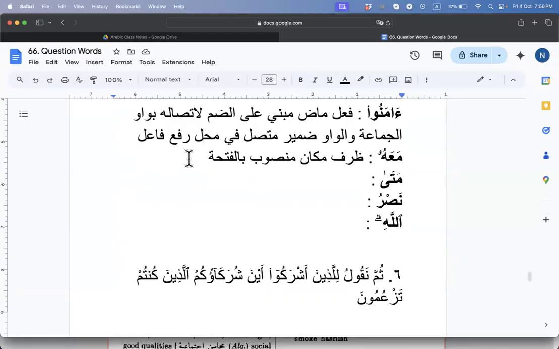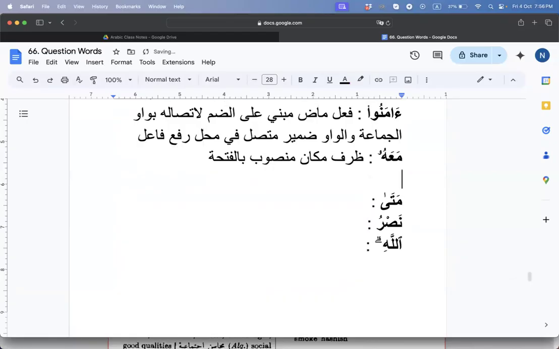So here we say both is mansub. Either you say this is maf'ul fihi, so muta'alliq bil fi'il, which is amanu. Actually, in both states, it's amanu only, right? Alladhina amanu. But one is to the fi'il, one is to the fa'il.